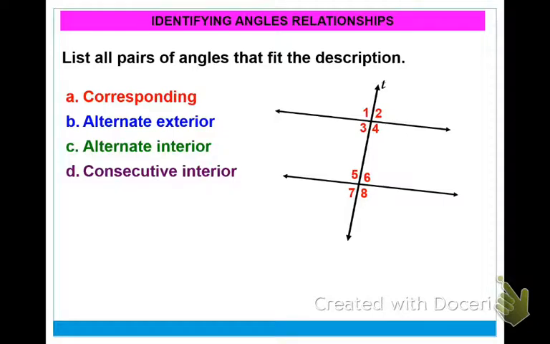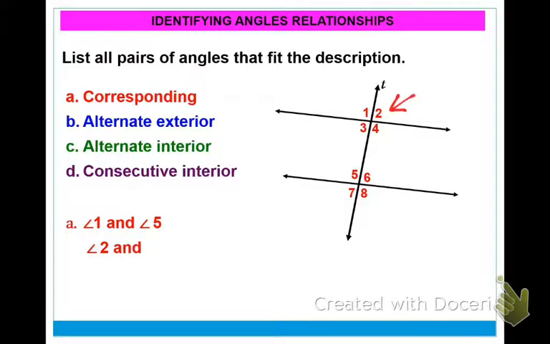Corresponding is the first. Corresponding are angles that are on the same spot in the transversal. So angle 1 is in the top left. In our other intersection, what else is in the top left? 5. So you would say 1 and 5 are corresponding. So that's what you're going to list. It's at the bottom. It's right here. So we got 1 and 5. 2 and 6.